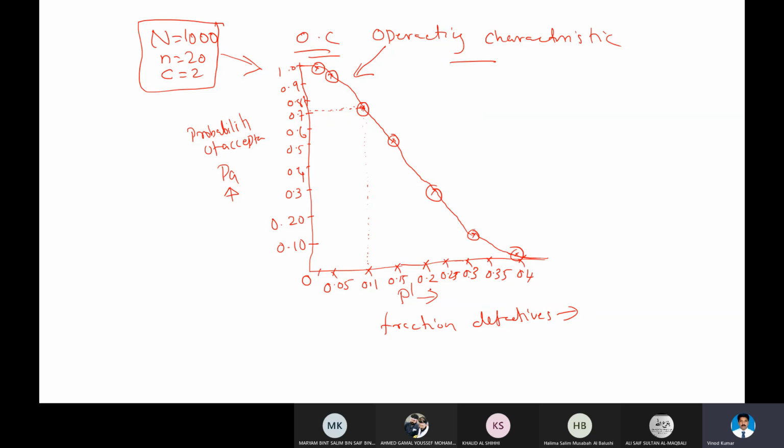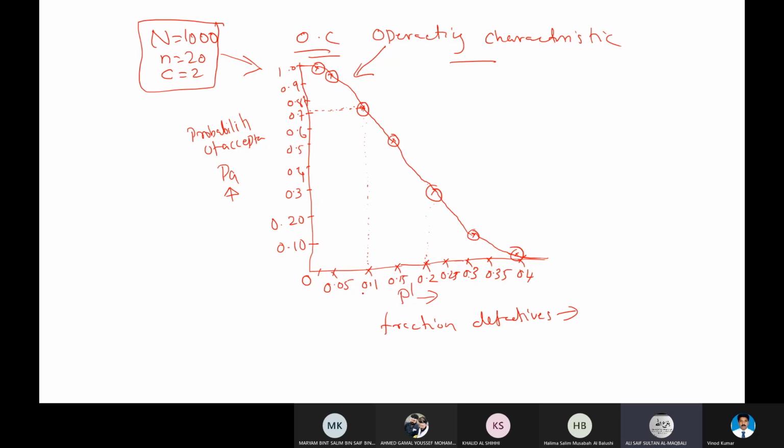Now I want to find the probability of acceptance for this lot, n equal to 20, c equal to 2, if it is 20% defectives. If it is 20%, 0.2. Is the graph clear?